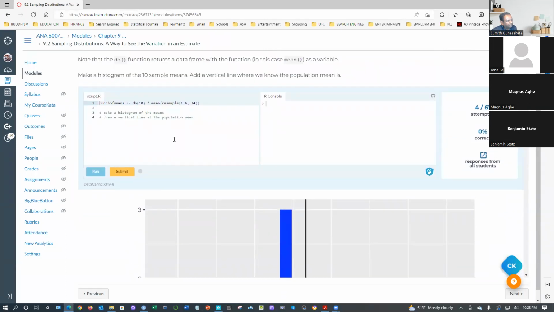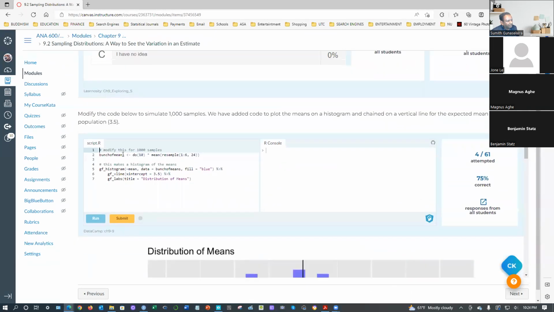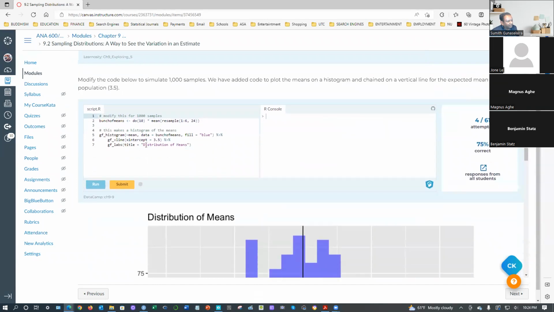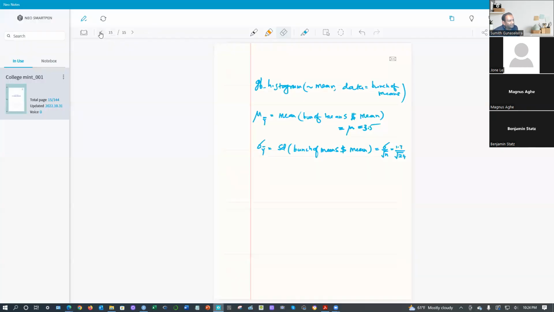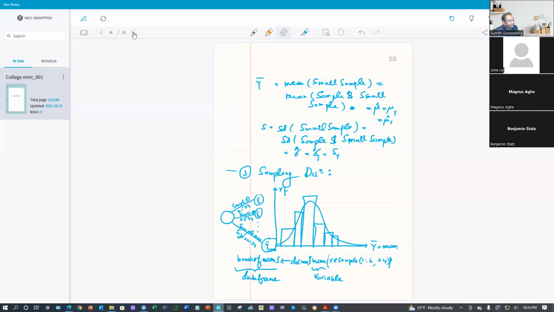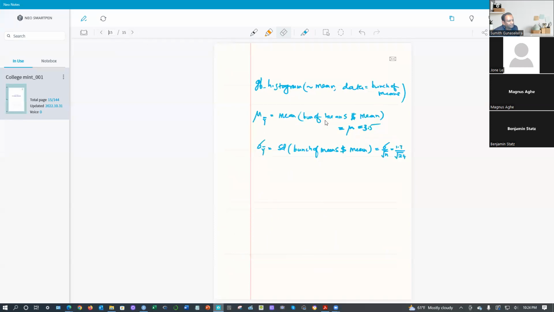Not this one. 1,000 times. And then I really need the mean of bunch of means. This is the data frame, this is the mean, okay? That's a data frame already built in over there.